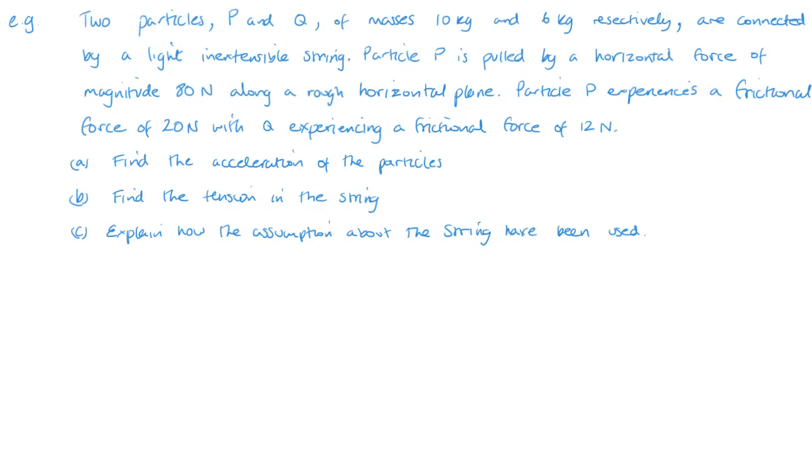They're connected by a light inextensible string. Particle P is pulled by a horizontal force of magnitude 80 newtons along a rough horizontal plane. Particle P experiences a frictional force of 20 newtons and Q 12 newtons.